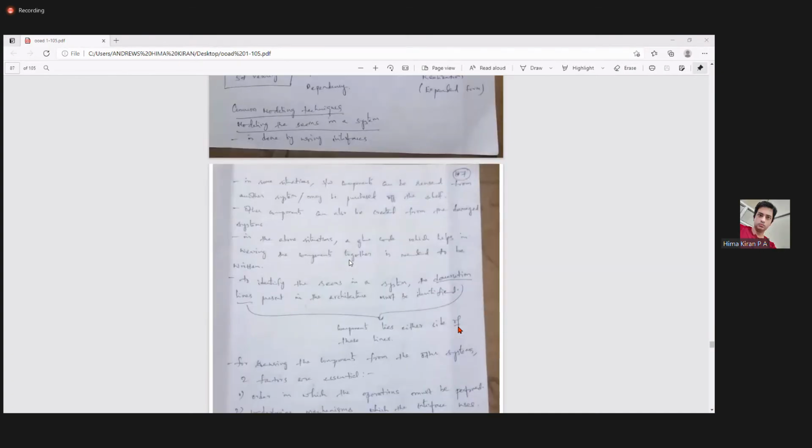Next, modeling the seams in a system. Common modeling techniques: modeling the seams in a system. Seams is nothing but the working procedure or a kind of thing. It is done by using interfaces. In some situations, software components can be reused from another system, or maybe purchased off the shelf.